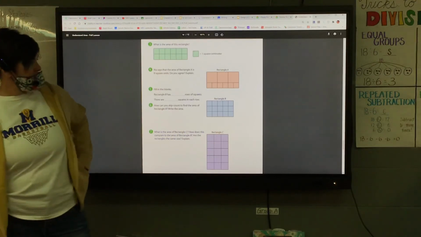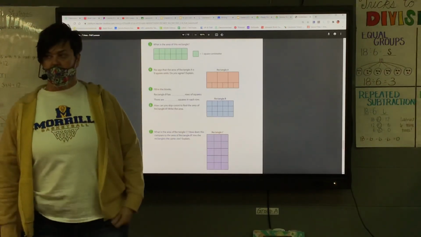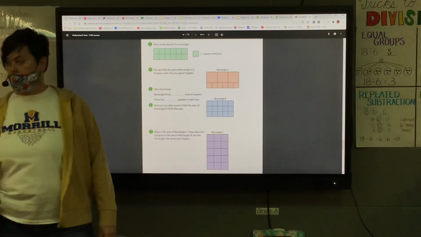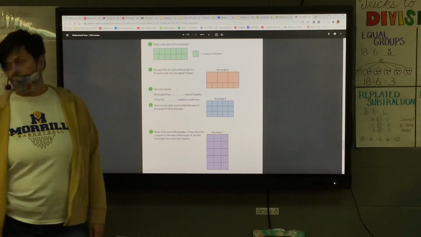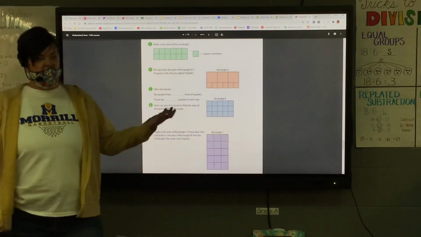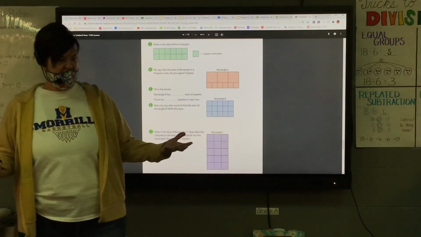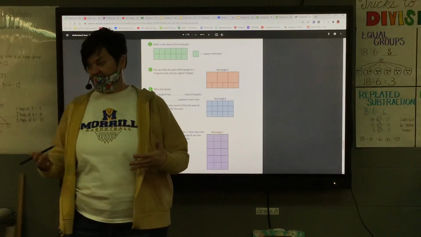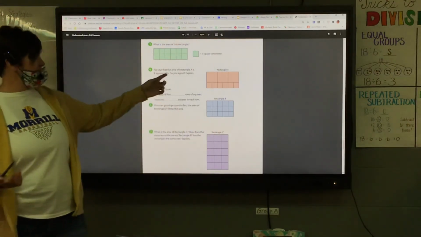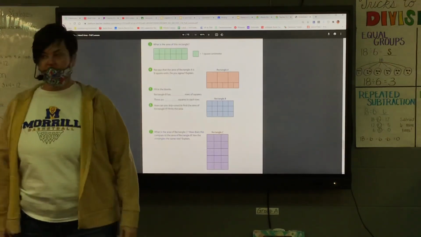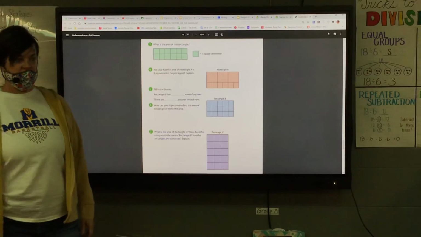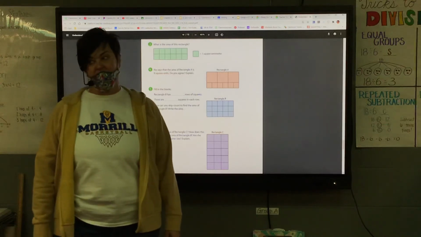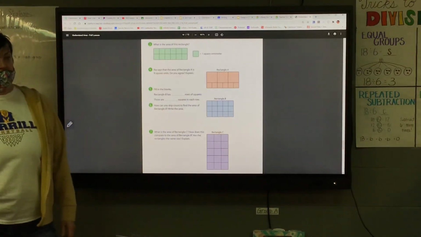That there are square centimeters and centimeters. What else do you notice about them, Connor? That there's little squares and big squares. Are they the same size? No. If they're not the same size, are they really square units? No. So, do you agree with Rhea that it's 9 square units? No. And then you're going to tell why it's not 9 square units. Okay?